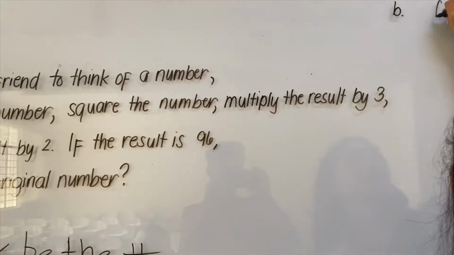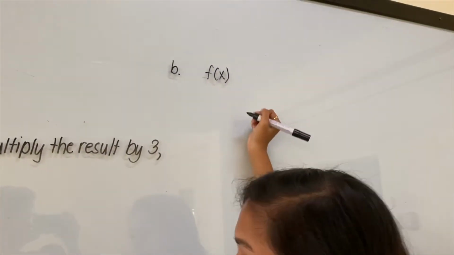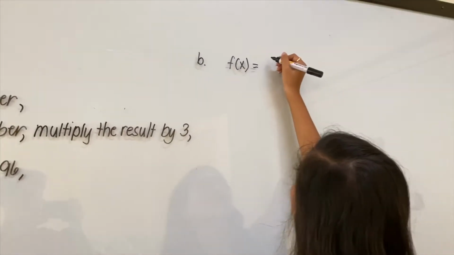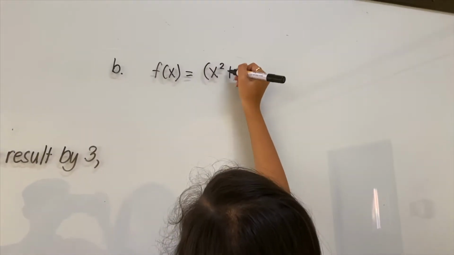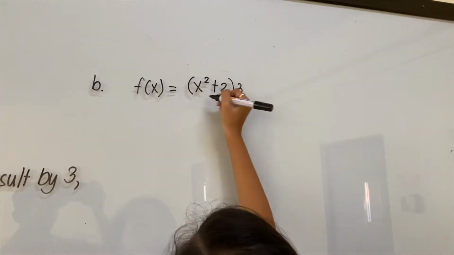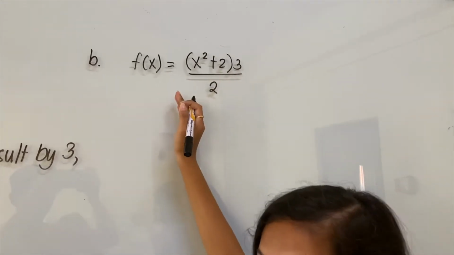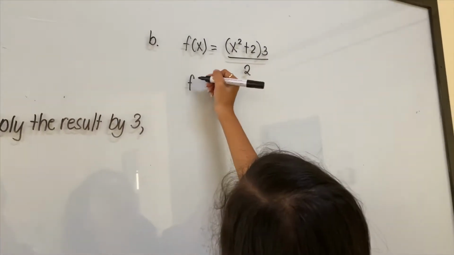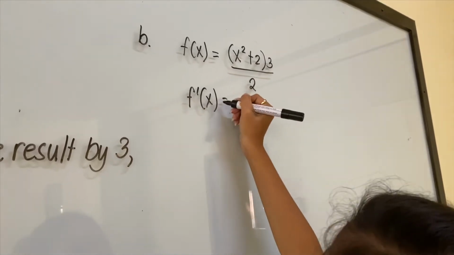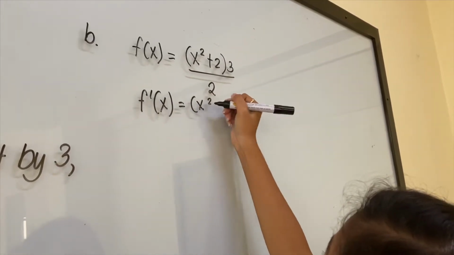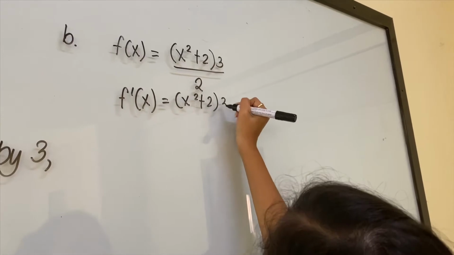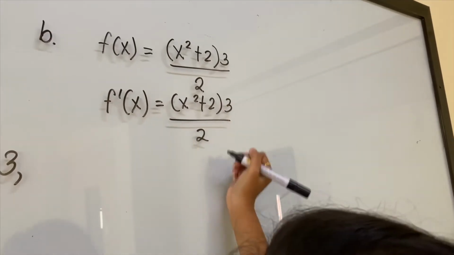So, when we have the function of x, copy this one: x plus 2 squared times 3 all over 2. So, we will get the inverse function. f prime of x, copy x plus 2 squared times 3 over 2.